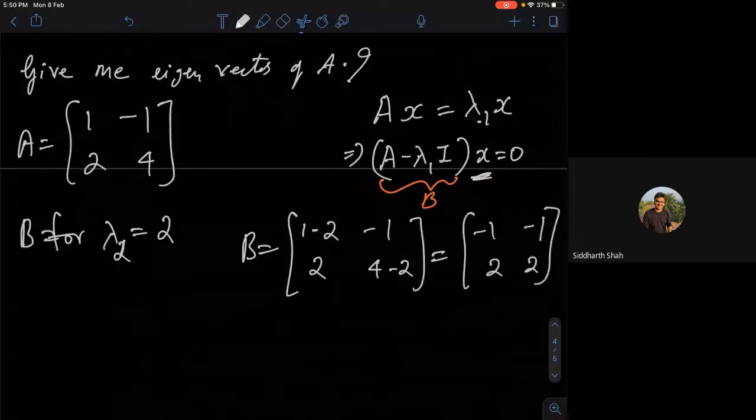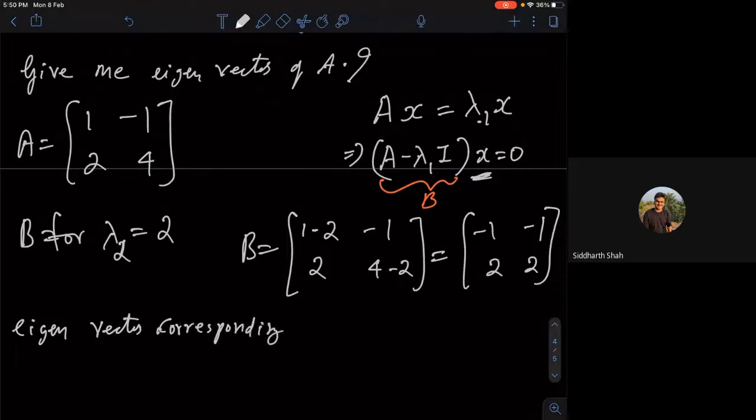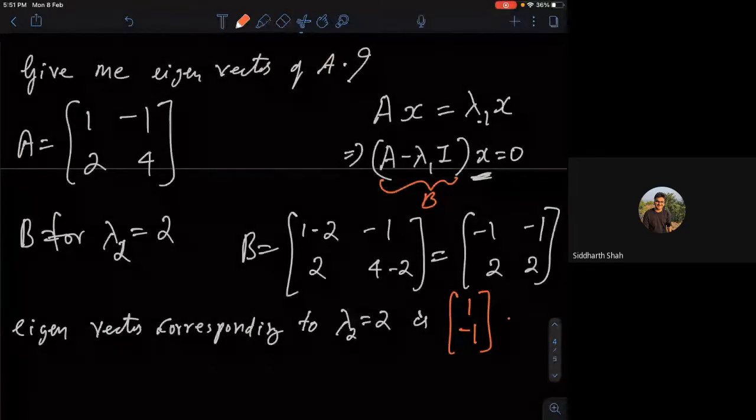The eigenvector corresponding to this is 1, minus 1. We solved this earlier, so this is an eigenvector of matrix A for the eigenvalue 2.